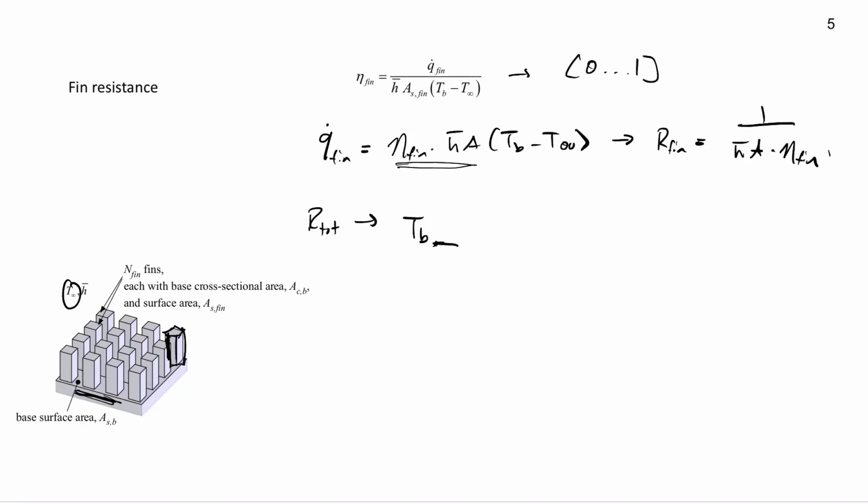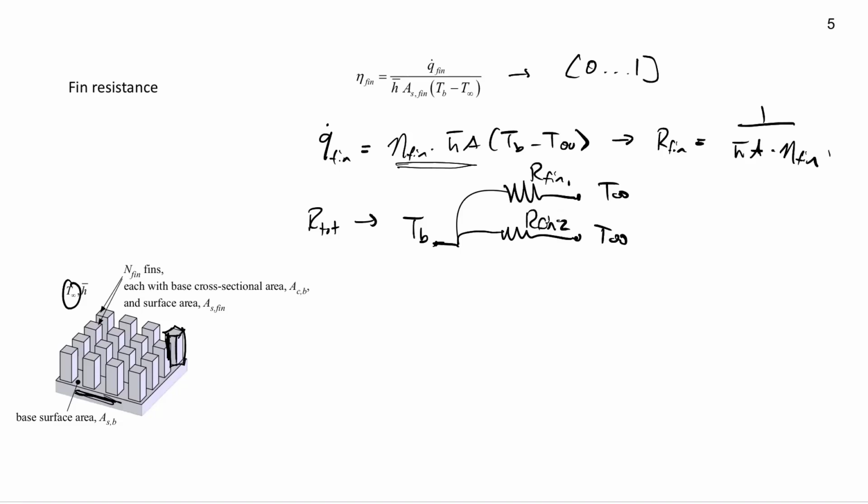Well, heat could flow through the first fin, our fin 1, out to T infinity. It could flow through our fin 2, right, out to T infinity, and so on, right?